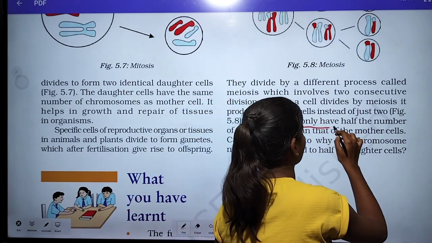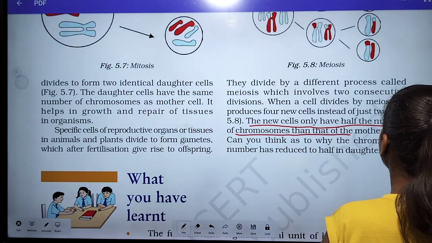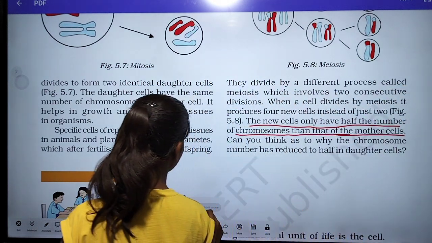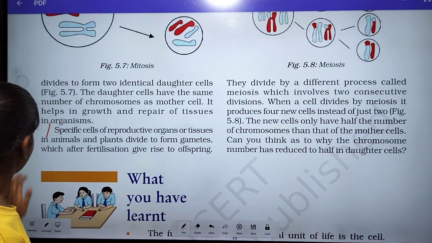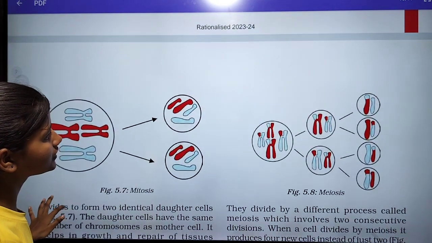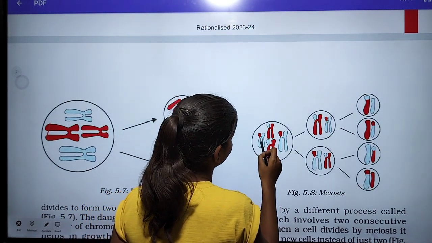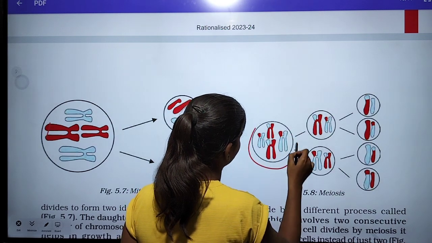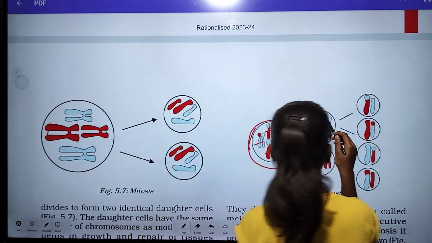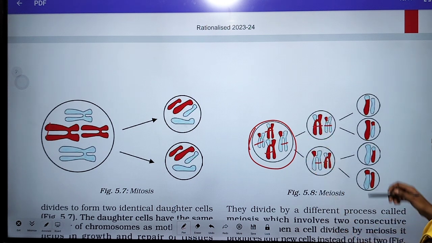The new cells only have half the number of chromosomes than that of the mother cell. It means half the number of chromosomes are present in the new cell. Here you can see in the figure that in the mother cell there are 4 chromosomes, 1, 2, 3, 4. But in the daughter cells there are 2 chromosomes in each.